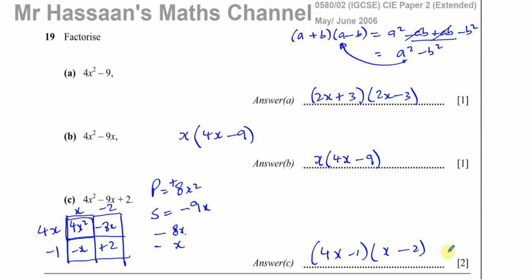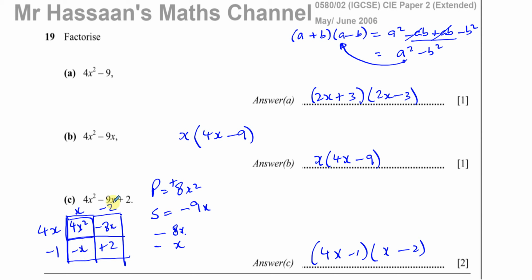Okay, so I went through this in such a way that you understand why I'm using this grid and what the significance of the numbers on the sides of the grid are. Three things. You always write the first term, the x squared term, and the number term in these two places here. Then you always think about what's the product of these two. The product of those two must be the same as the product of those two, so it must be 8x squared.